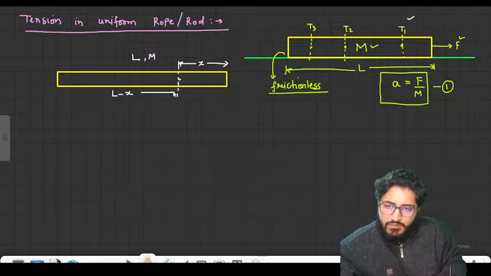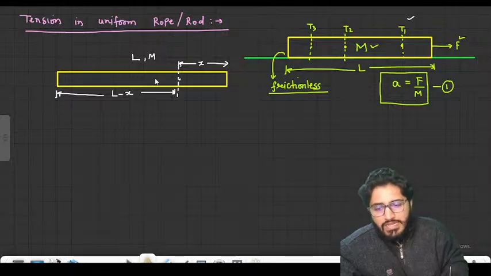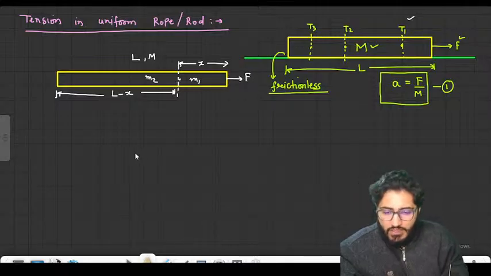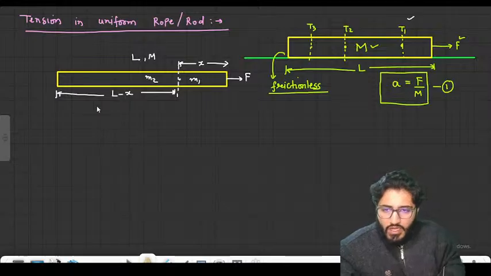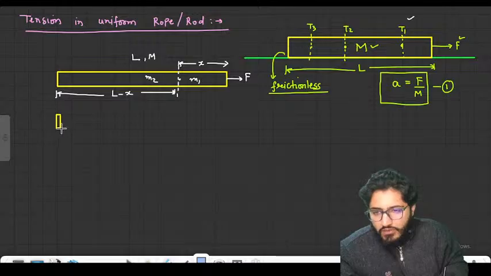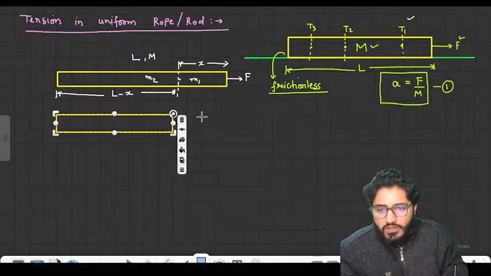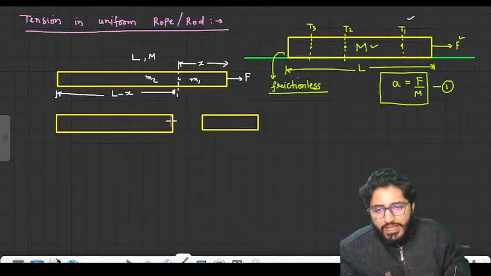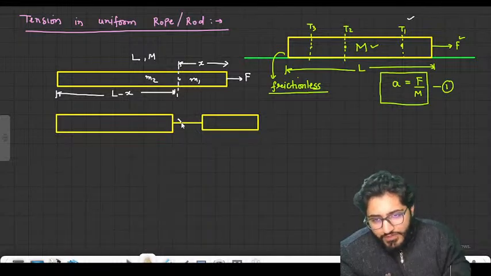Mass here will be m1, mass here will be m2, and force is the same, F. Now join these two back by a string. Suppose these are joined by a string.